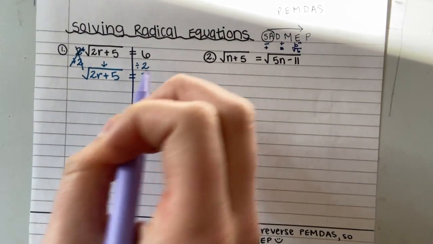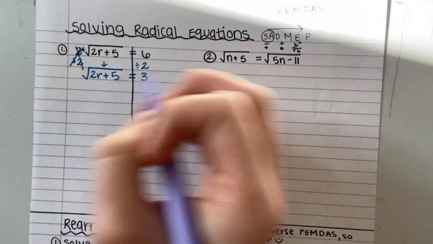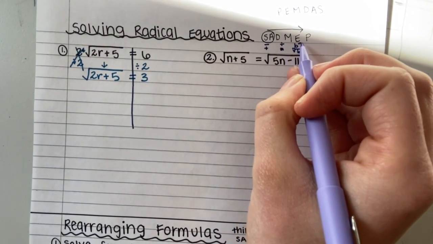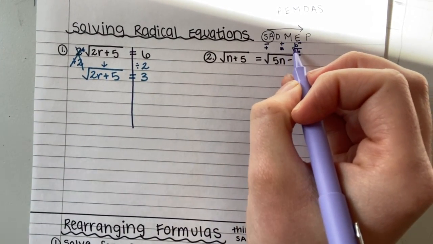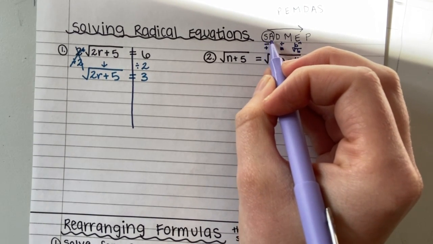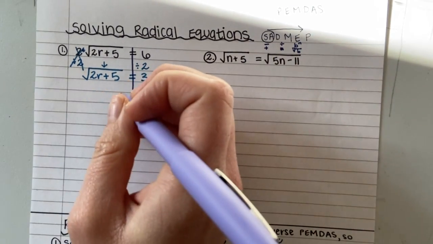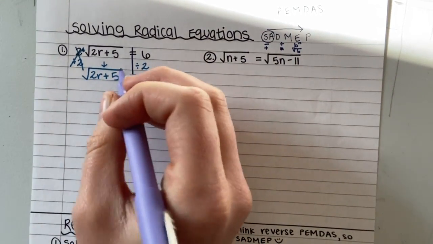Now that there is nothing left to simplify on this side before exponents, now I can use exponents. So we did all the subtraction, addition, division, multiplication that we could. And so now I can get rid of the square root sign.